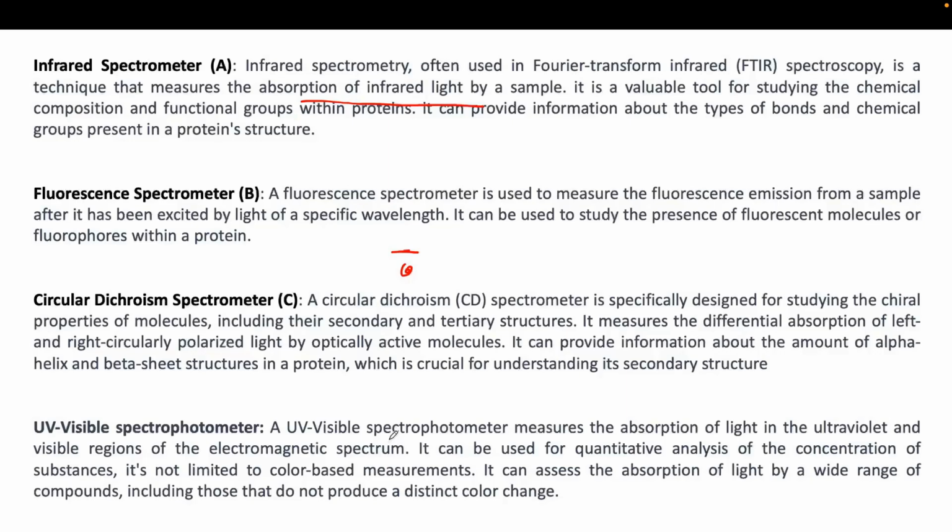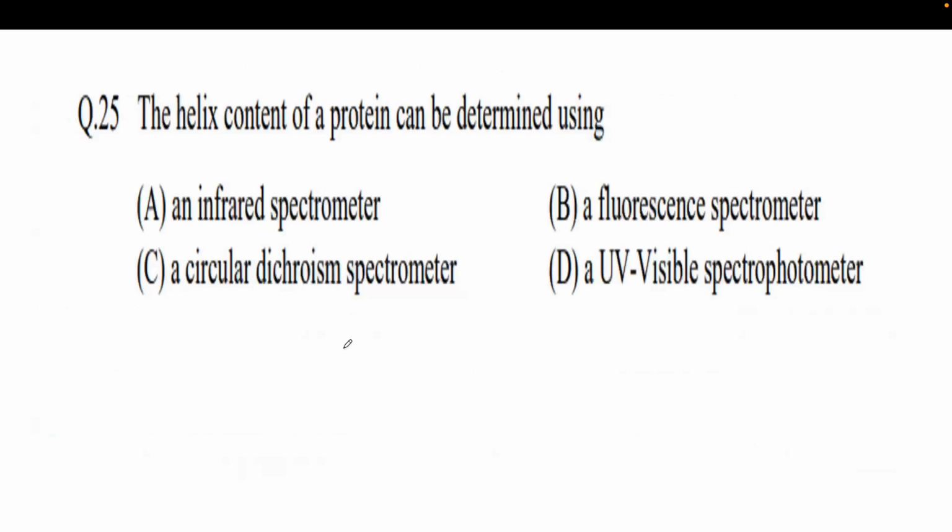Here one question has been asked: the helix content of a protein can be determined using an infrared spectrophotometer, a fluorescence spectrophotometer, a circular dichroism spectrophotometer, or a UV visible spectrophotometer. The question asks about helix content, and a helix is a kind of secondary structural content.